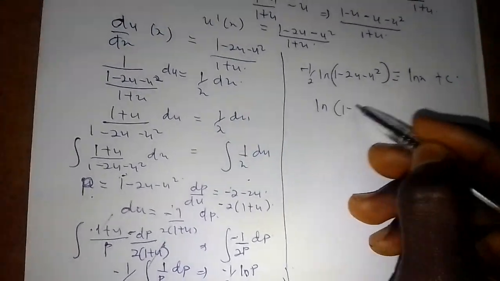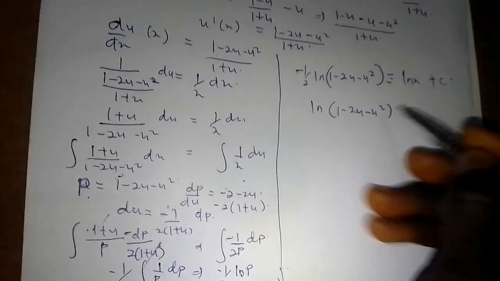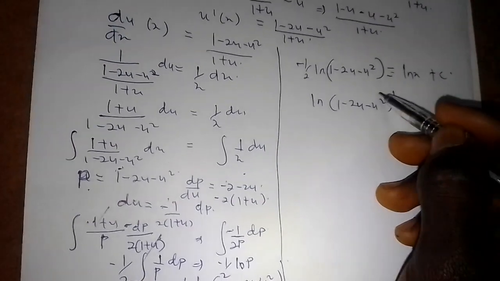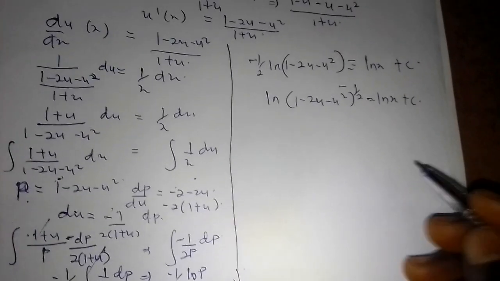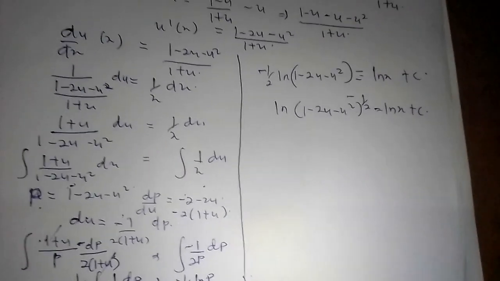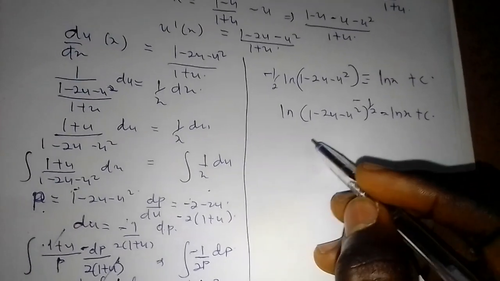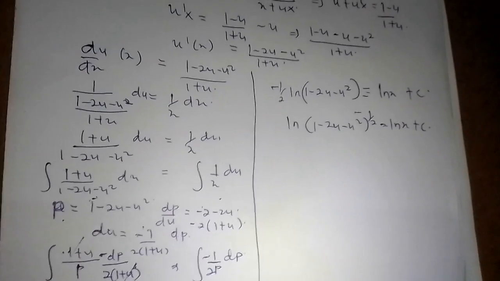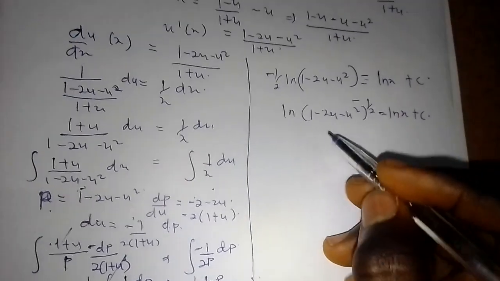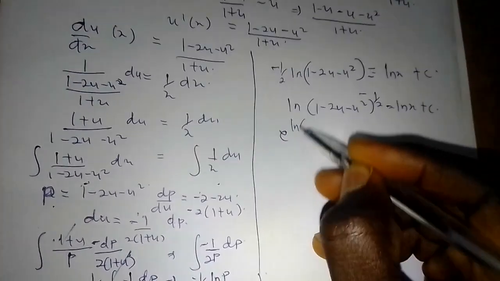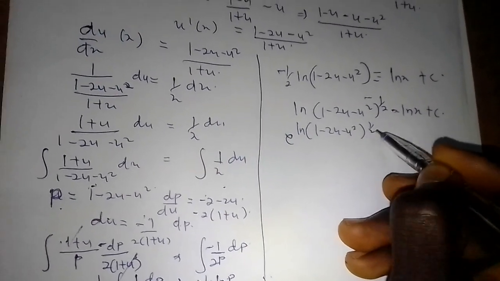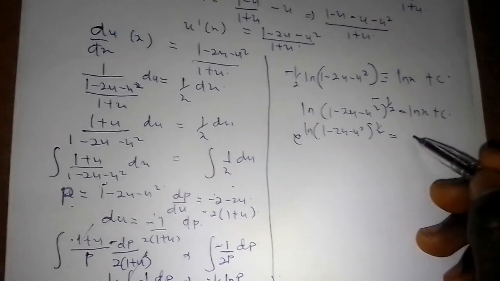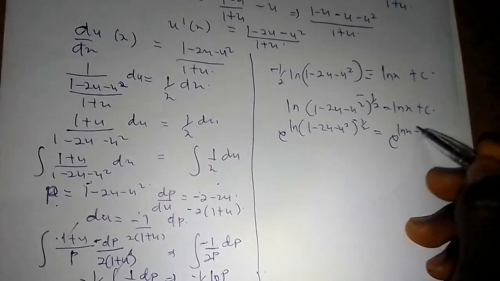So ln of (1 minus 2u minus u squared) to the power negative half is equal to ln of x plus c. Once I have this, I can take exponent on both sides, and when I take exponent on this side, the ln will vanish. So e to the power ln of (1 minus 2u minus u squared) to the power negative half is equal to e to the power ln of x plus c.